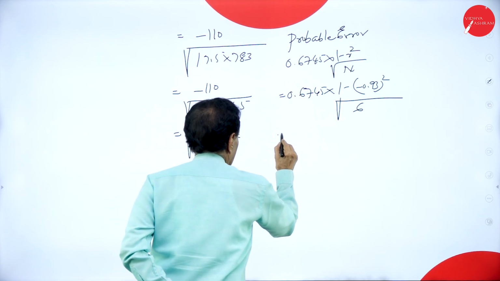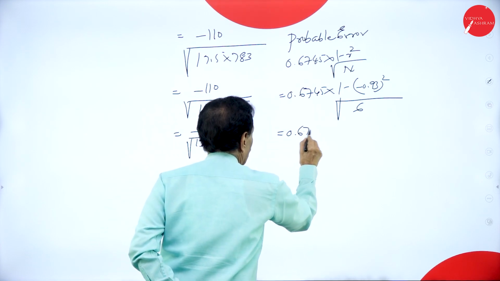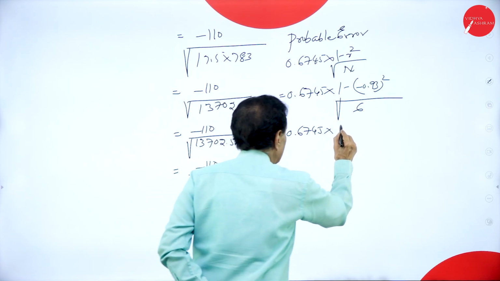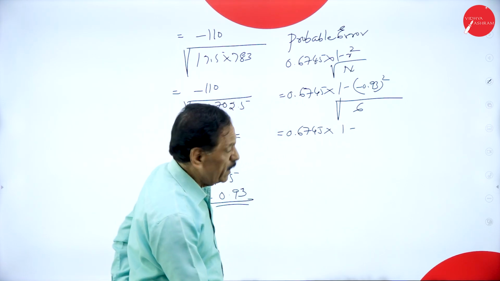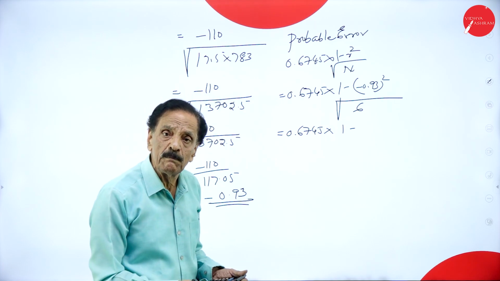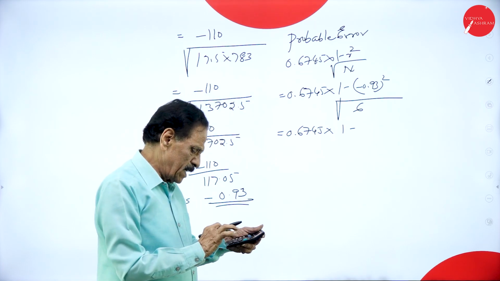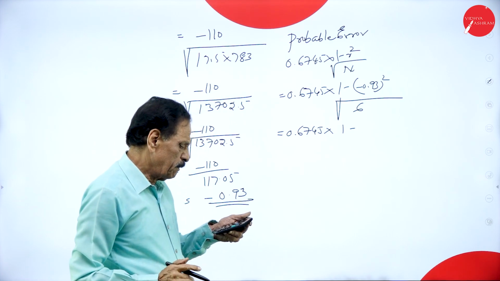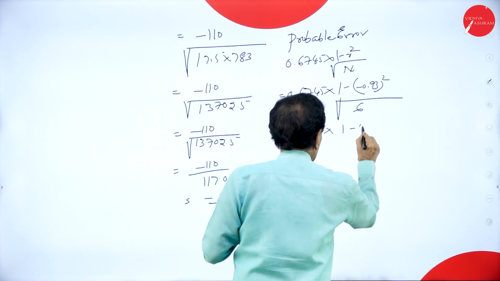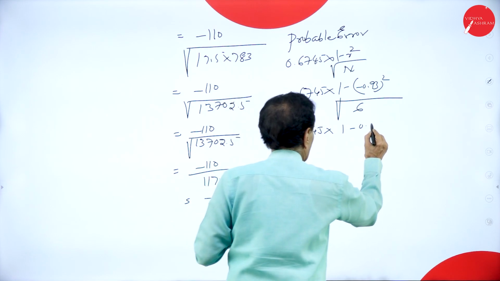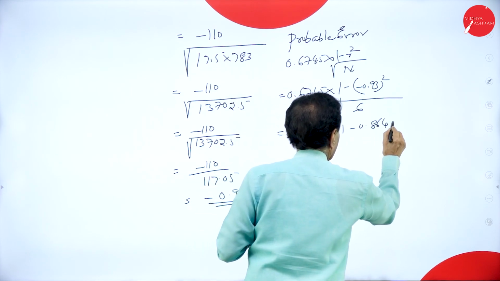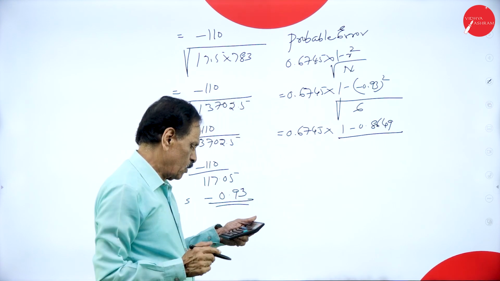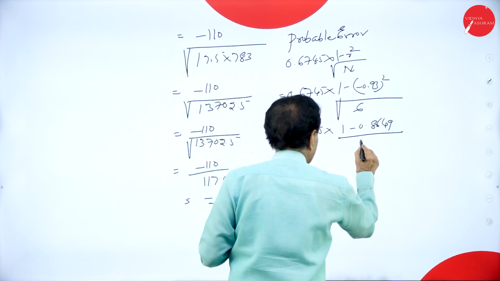This is 0.6745 into 1 minus 0.93 into 0.93. Minus into minus become plus. 0.8649 divided by root of 6, 2.449.